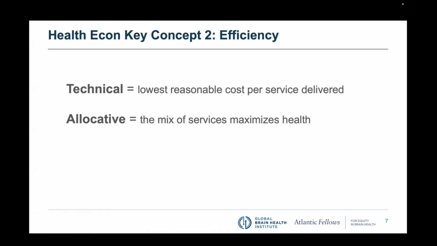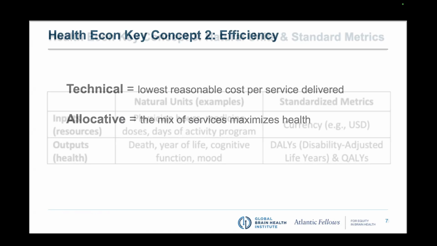There are two major types of efficiency. Technical efficiency means services are delivered with an appropriate minimum of inputs, technically sound but not extravagant. Allocative efficiency means that the mix of services is optimized to improve health for specified populations and diseases.